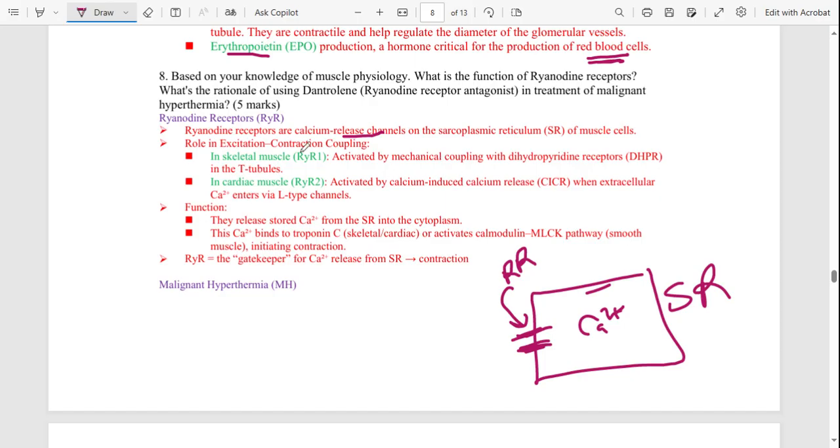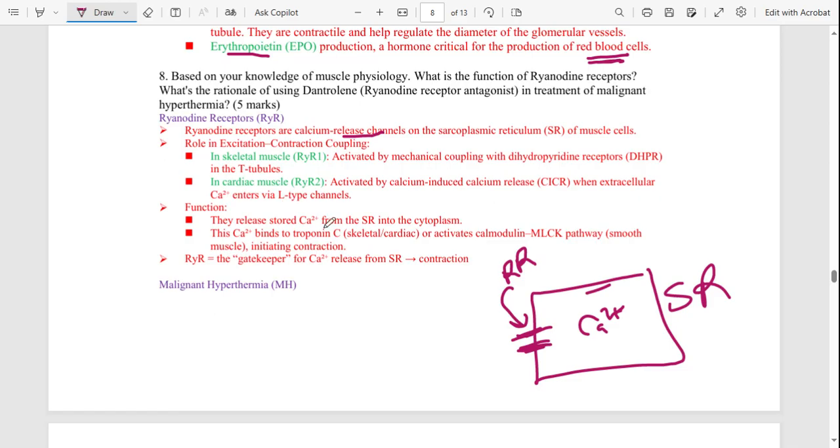And once that calcium is released, in skeletal muscles we actually have ryanodine receptor 1, in cardiac muscle ryanodine receptor 2. Okay, ryanodine receptor 1 is attached to the dihydropyridine receptor, as we said. Ryanodine receptor 2 works by calcium in, calcium out, and it's related to the L-type calcium channels.